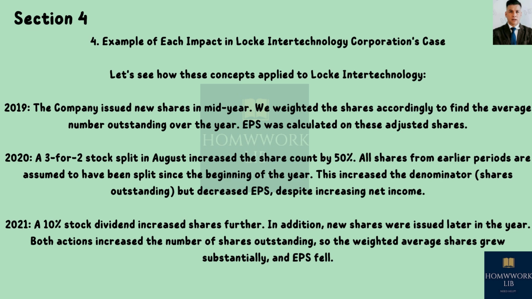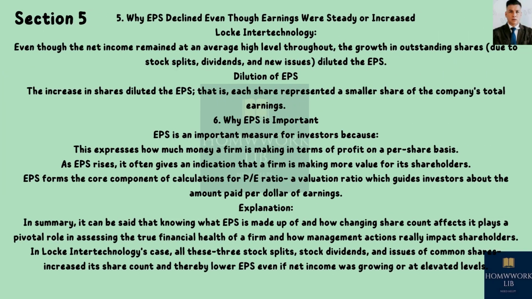2021: a 10% stock dividend increased shares further. In addition, new shares were issued later in the year. Both actions increased the number of shares outstanding, so the weighted average shares grew substantially, and EPS fell. Section 5. Why EPS declined.